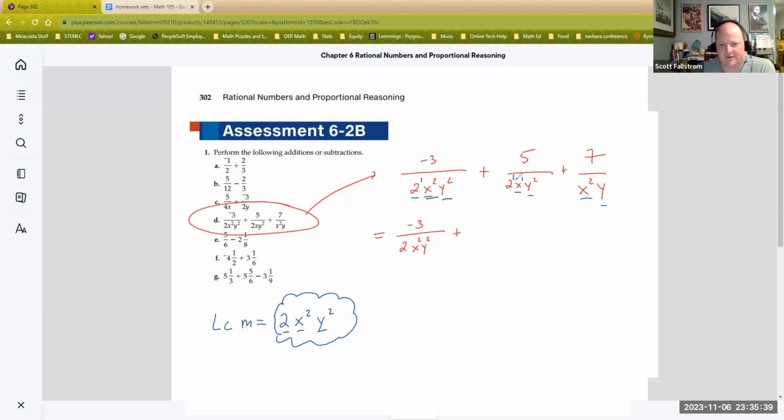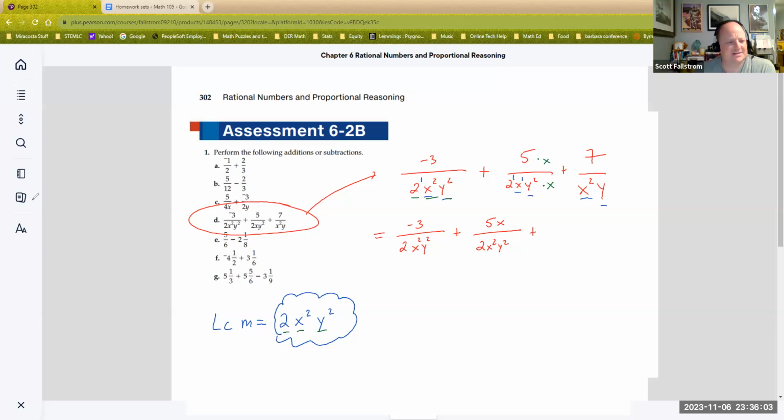Next one, I have a 5, I have a 2, so that checks. I have a y squared, checks, and I have only one x. So this one needs to be multiplied by x and x. So if I write that down, this becomes plus 5x over 2x squared y squared.